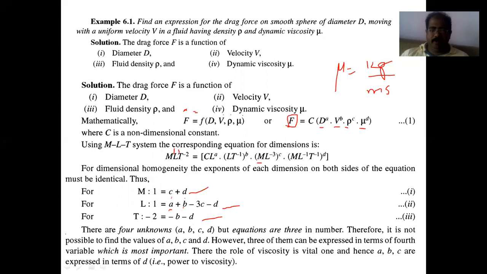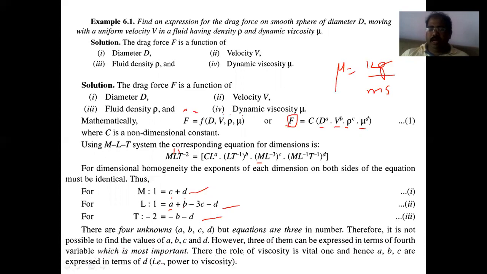There are four unknowns a, b, c, d, but the equations are three in number. Therefore, it is not possible to find the values of a, b, c, and d. However, three of them can be expressed in terms of the fourth variable, which is most important.